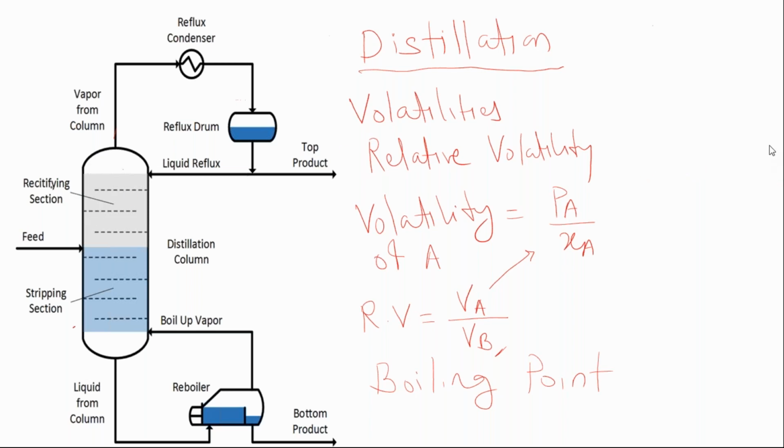From this diagram, we can understand there are mainly three components in this distillation process, called fractionation.